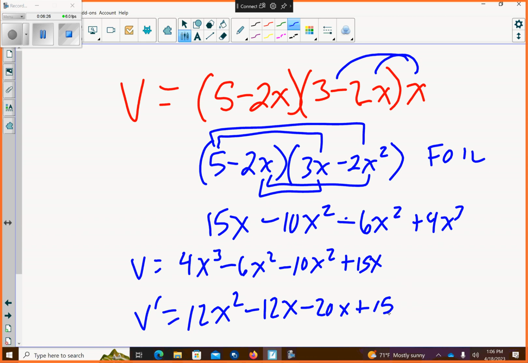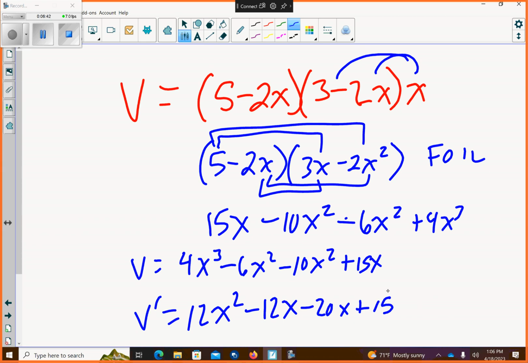Okay, and so this gives us a parabola, so you just have to find the local max or min, and that would be your turning point.